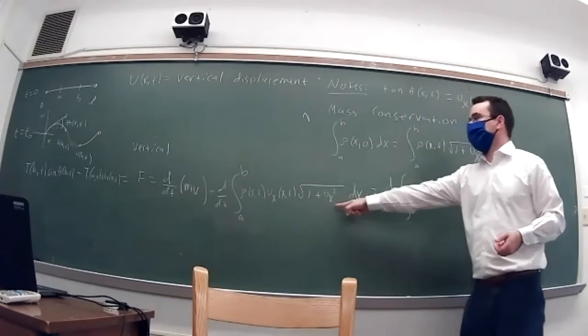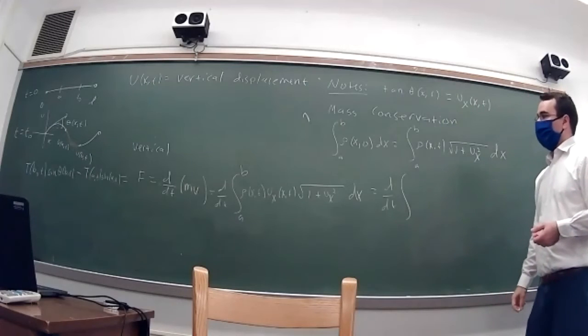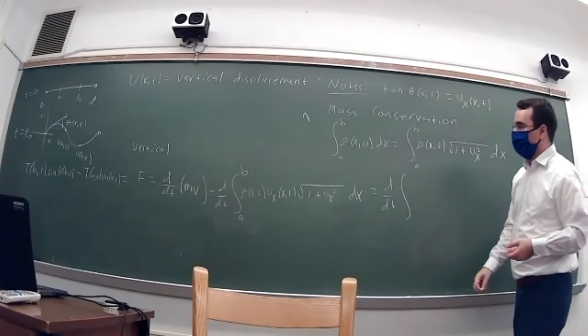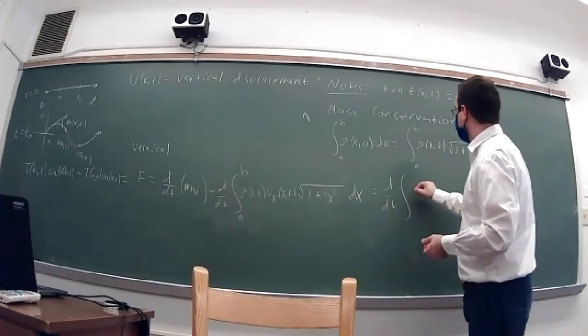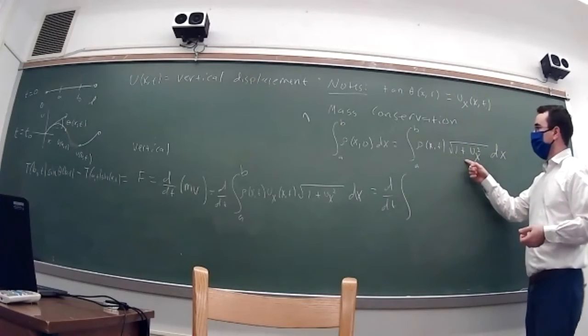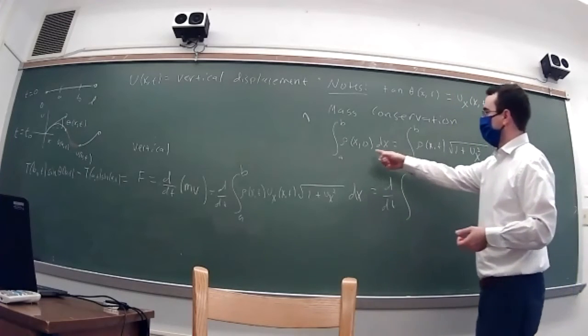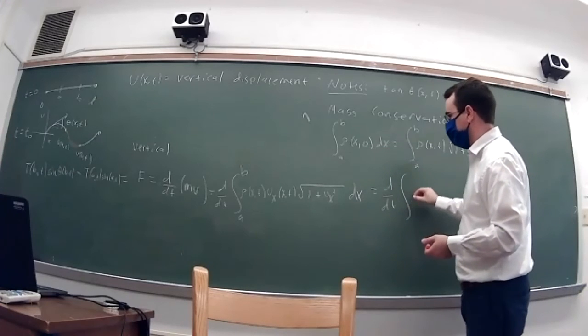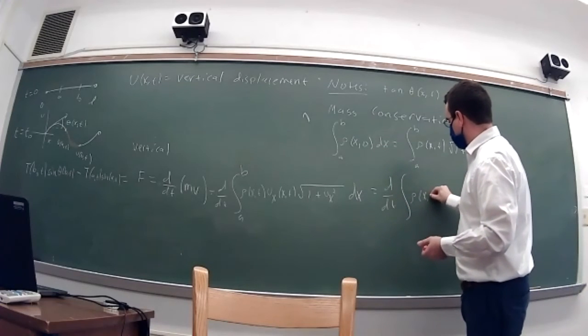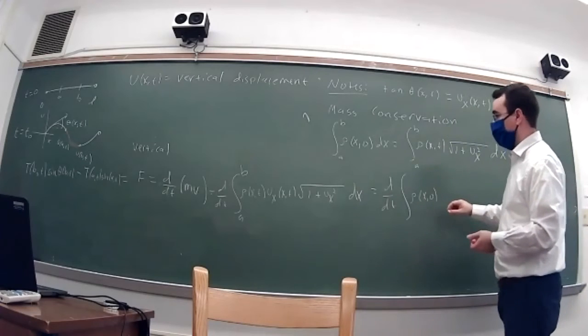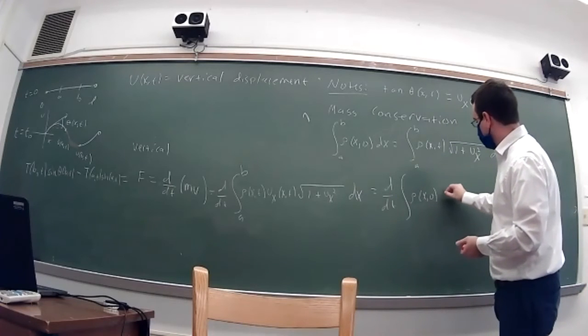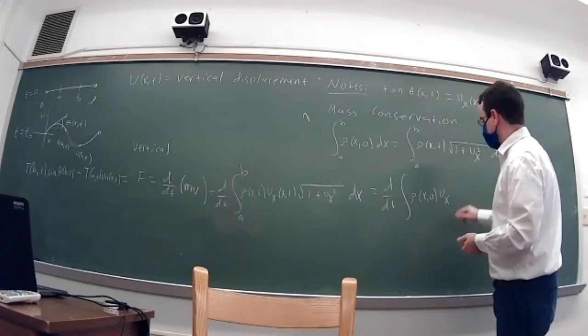So I can now represent this total momentum as what? Rho x t becomes rho x0. So this just becomes rho x0 times partial with respect to x dx.